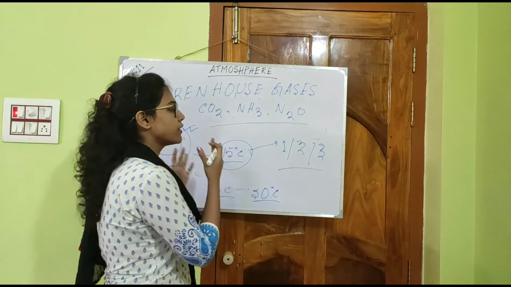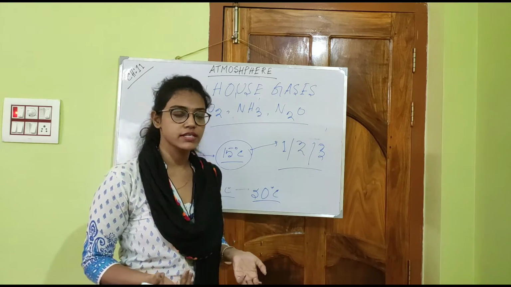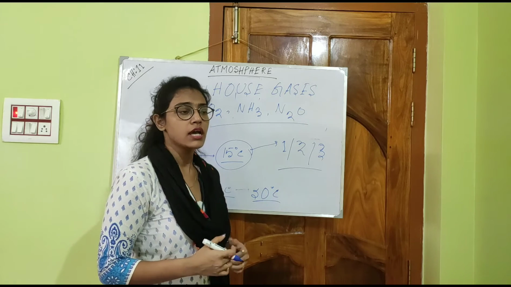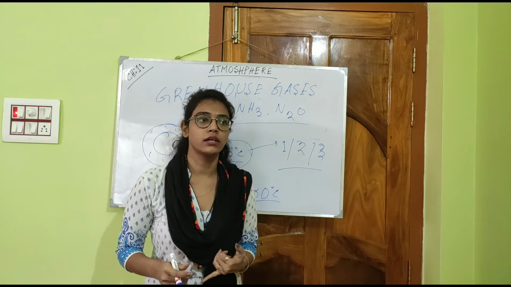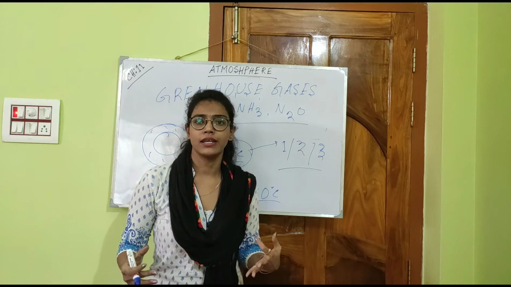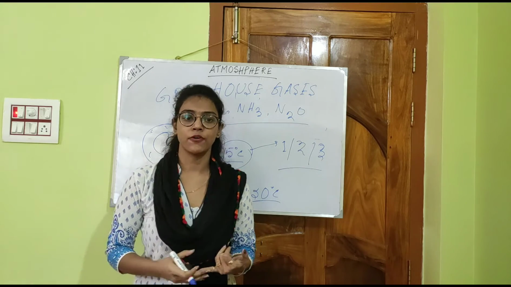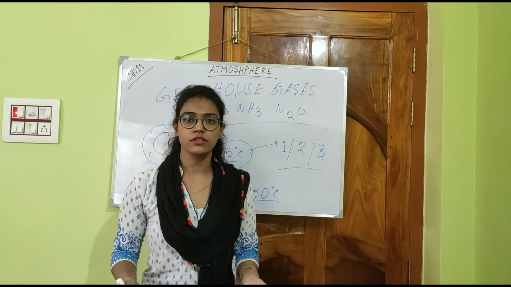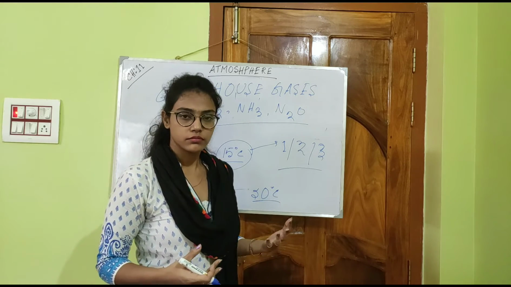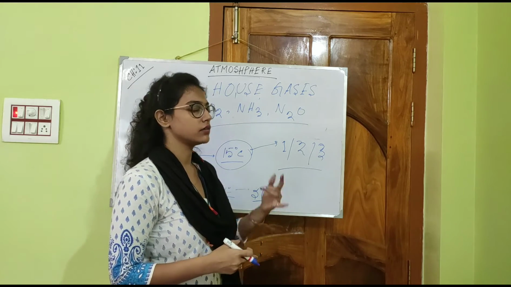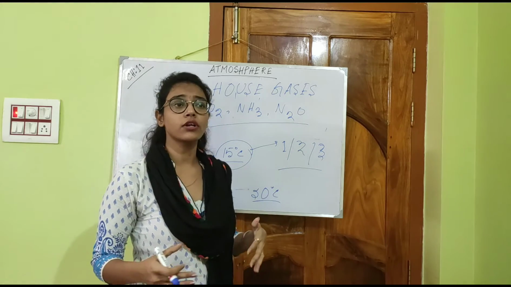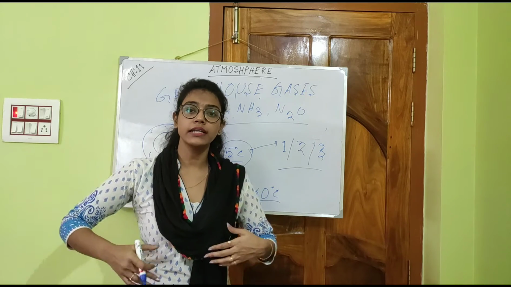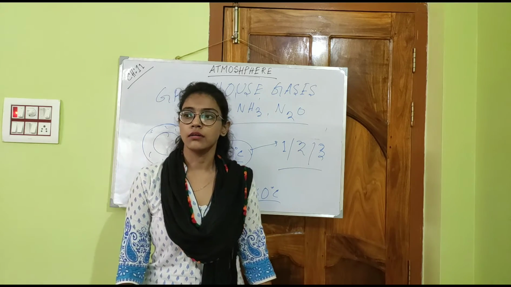Now the question is how the greenhouse gases will increase. Greenhouse gases increase through the burning of forests, the extra use of industry, and cutting trees for urbanization. We are continuously cutting too many trees.